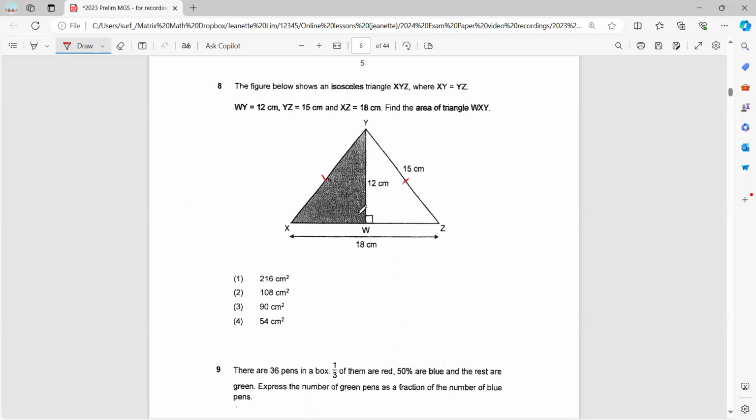This is a right angle, so your base will be XW, which is 9, and your height will be 12. So half times 9 times 12. Without a calculator, you can take half times 12, which is 6. Then 6 times 9 is 54. So answer is option 4.